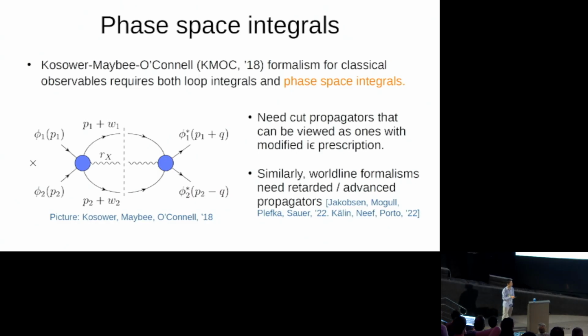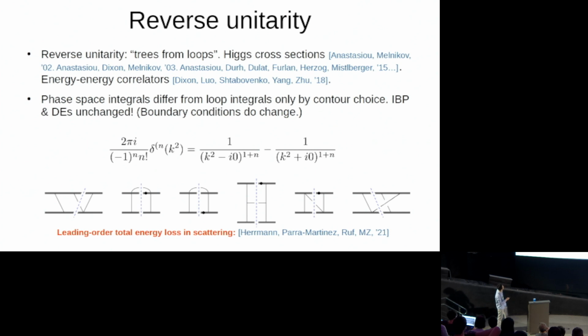I should mention that similar issues also arise in worldline formalisms. The worldline formalism is very close to just solving classical equations of motion, and you naturally get retarded and advanced propagators. And again, the integration by parts and, by extension, differential equations are insensitive to the i epsilon prescription. So the IBP and differential equations remain unchanged, although something has to change, and that's the boundary conditions.